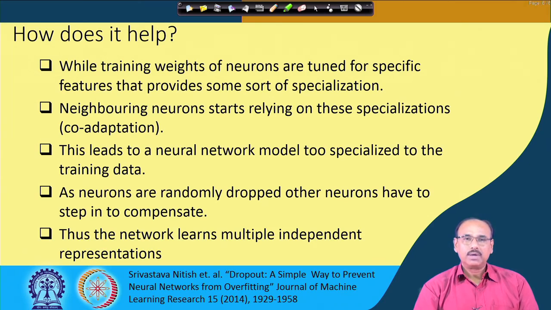Through dropout, as you are removing some of the neurons at random, other neurons have to take over the charge of these dropped out neurons. As a result, the neural network learns multiple independent representations. That is how it avoids the problem of overfitting, and your neural network becomes more general.